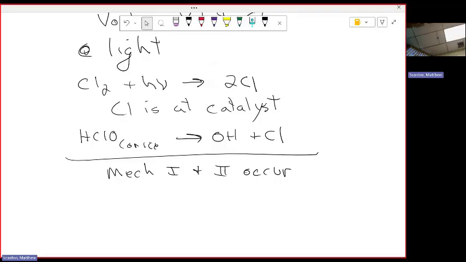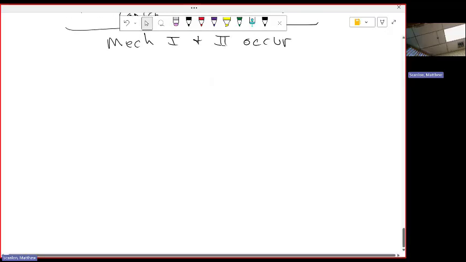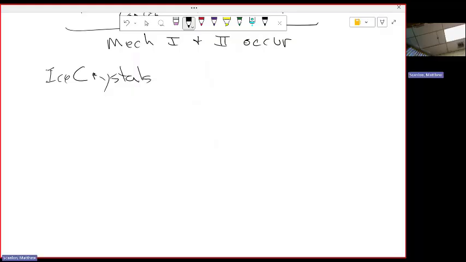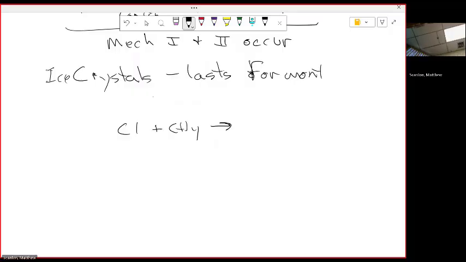And so this vortex lasts well into mid-October. The ice crystals last for months. And so some other things occur. We have Cl plus CH4 going to HCl plus CH3.